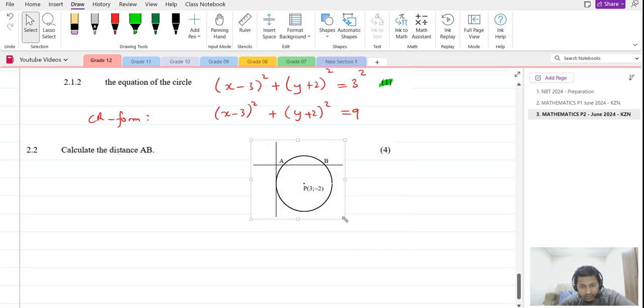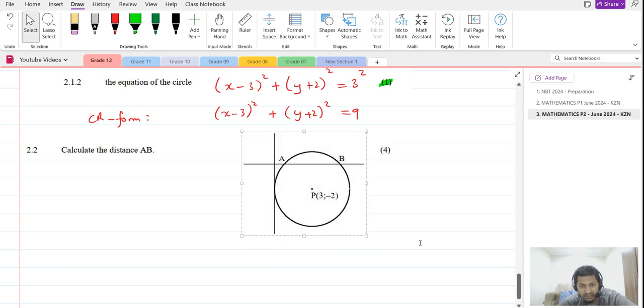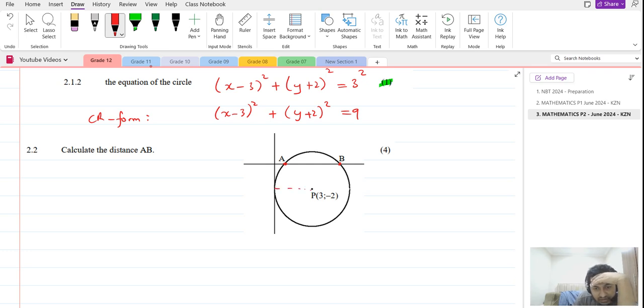And how so? We can calculate it because A and B are the x-intercepts, right? So remember, from here to there, what if we draw a radius?